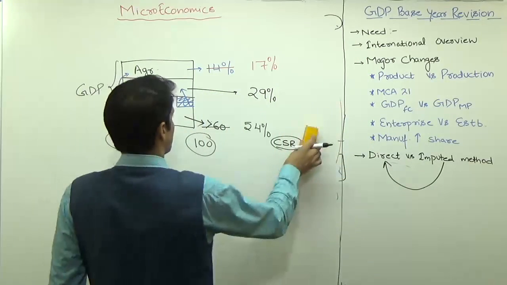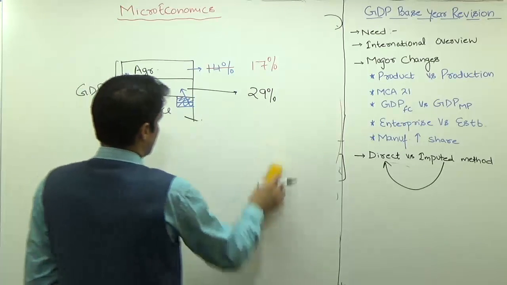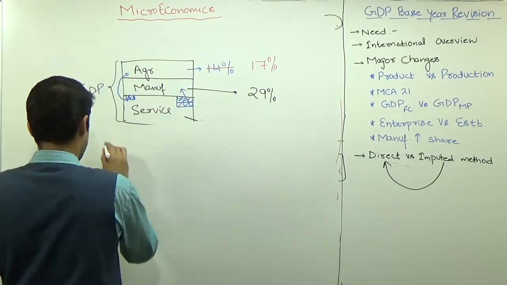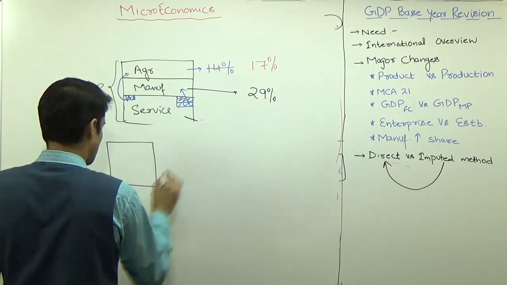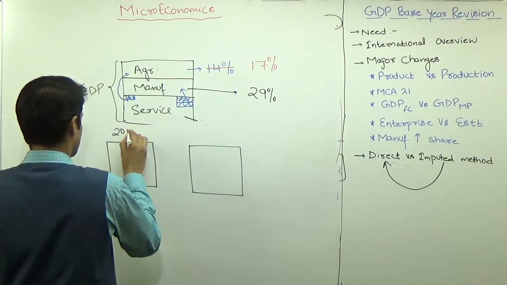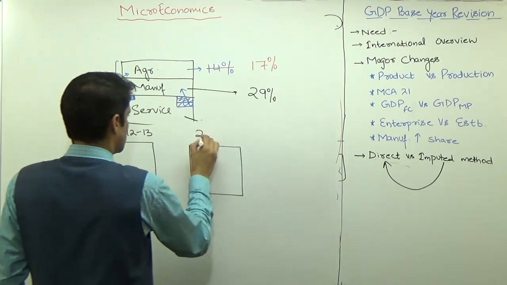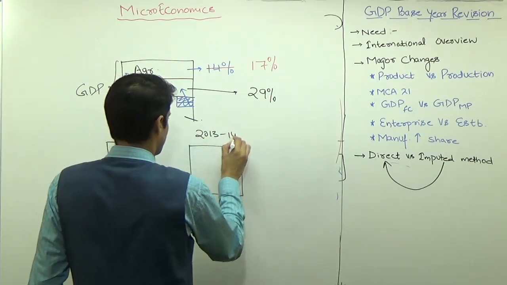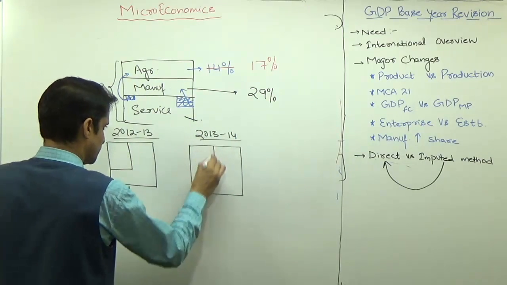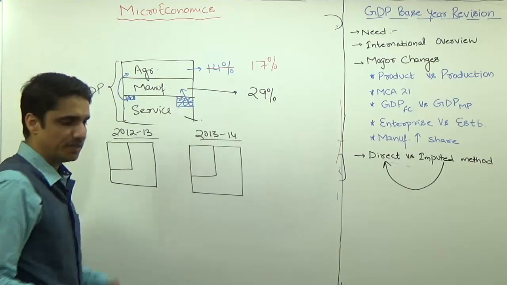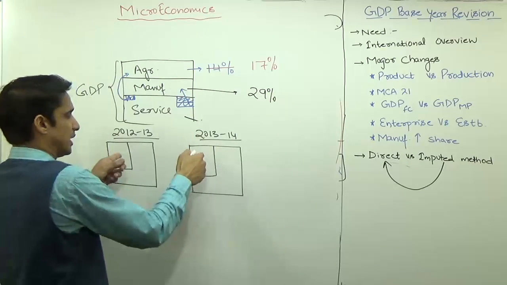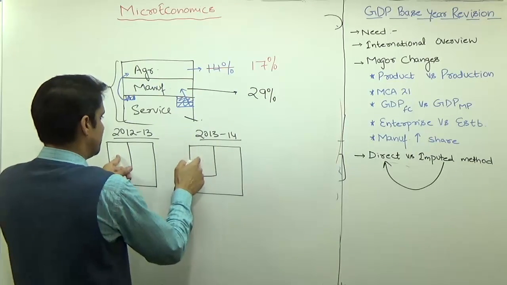The problem is, a few economists like Raghuram Rajan said, listen, earlier the GDP growth, suppose this is 2012-13 and this is 2013-14, as per the previous GDP base year of 2004-05, you were considering this number of items while calculating the GDP.